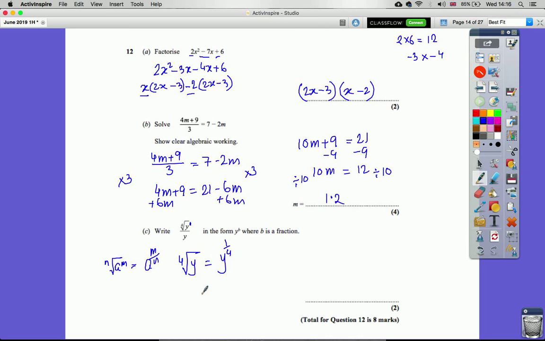So if I do y to the power of 1 over 4 divided by y to the power of 1, when you divide, you subtract the powers.